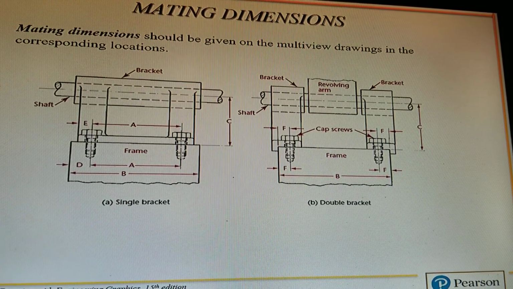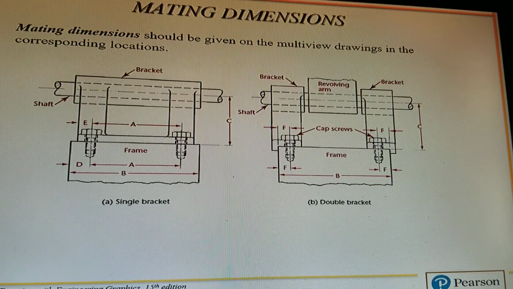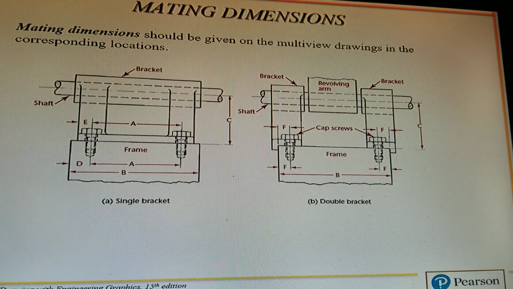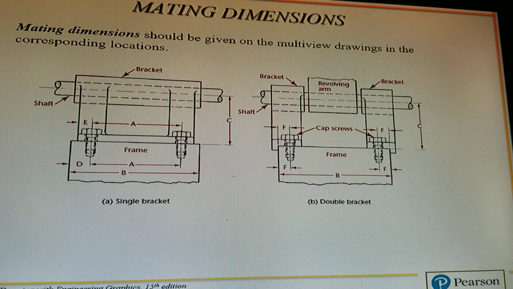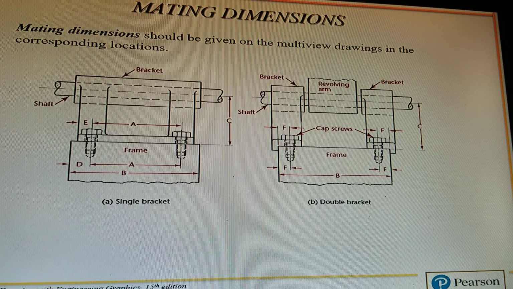Mating dimensions. Mating dimensions should be given on the multi-view drawings in the corresponding locations. So if you look at A and B, you see locations of mating dimensions. These are assembly drawings.